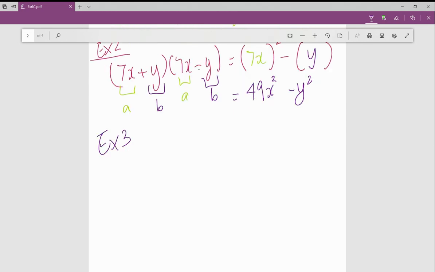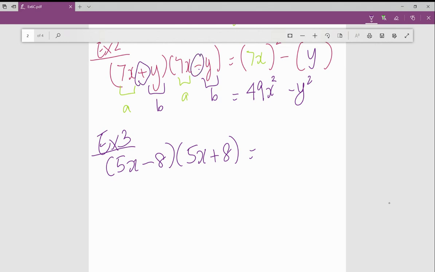Let's try example 3. I will put it as (5x minus 8)(5x plus 8). It doesn't really matter whether it's plus first or minus first. Over here it is plus and minus, and this is minus and plus.